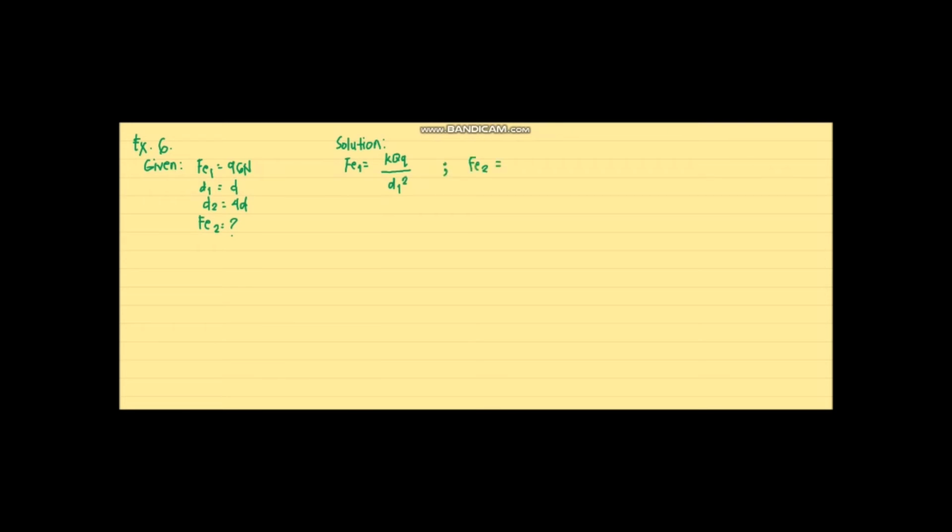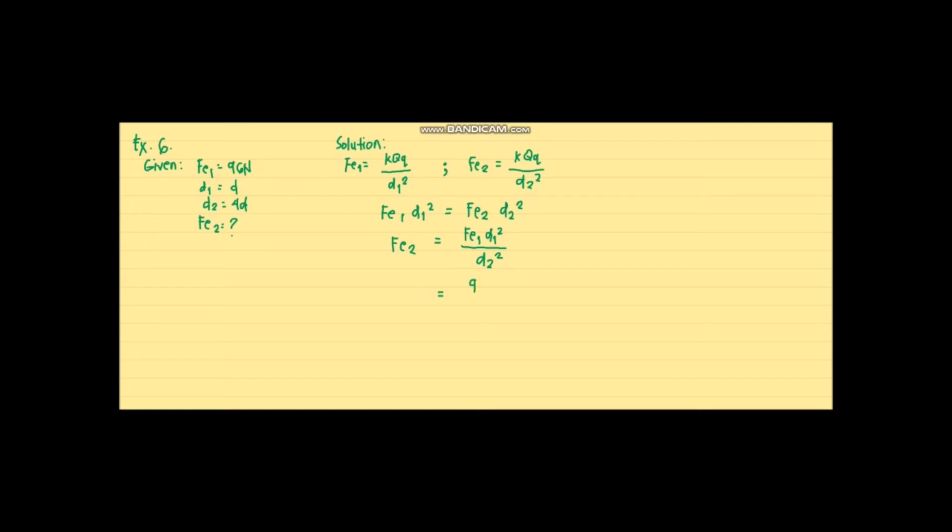So we now have the two electrostatic forces. We have KQ1 Q2 over D1 squared. Then the other one is KQ1 Q2 over D2 squared. Now the term KQ1 Q2 are the same. So therefore we can now equate FE1 D1 squared equals FE2 D2 squared.